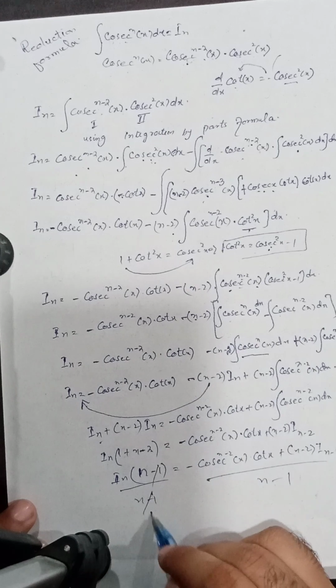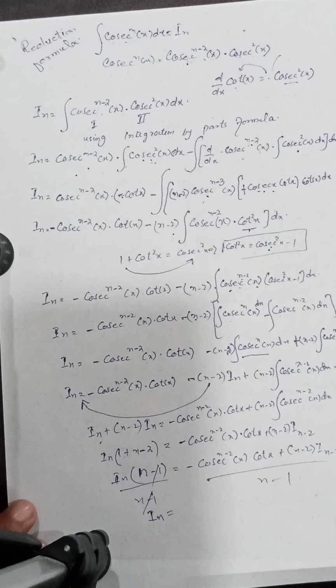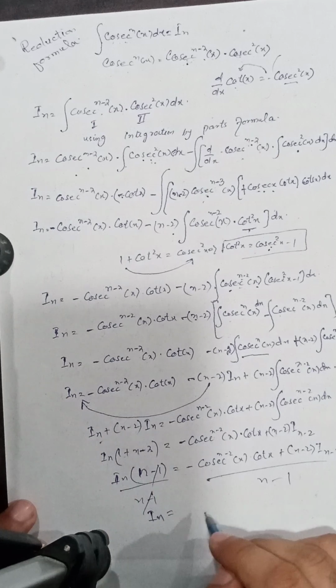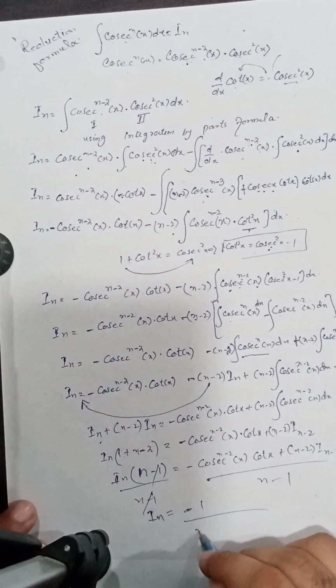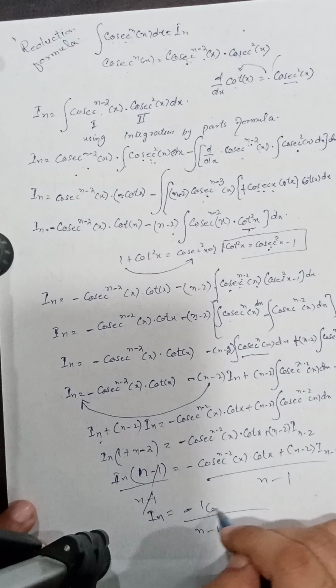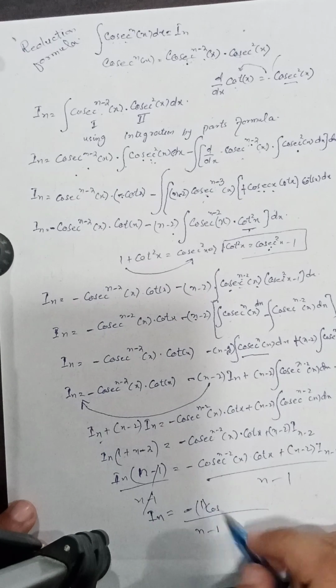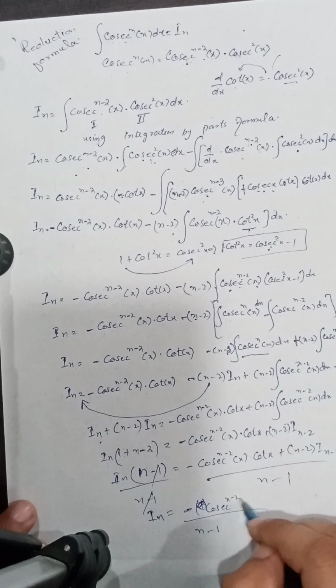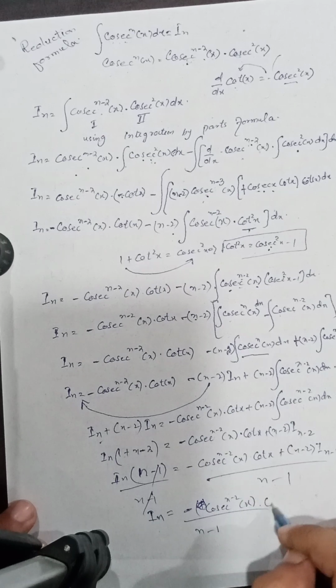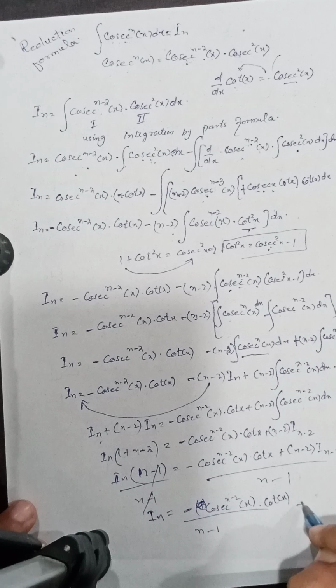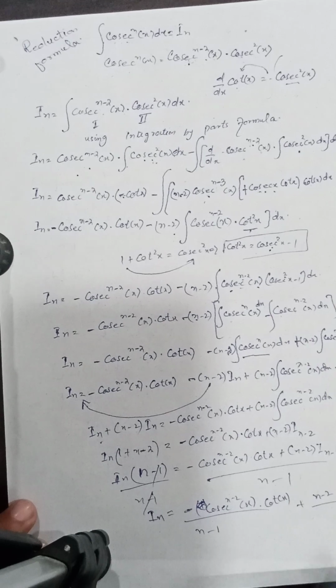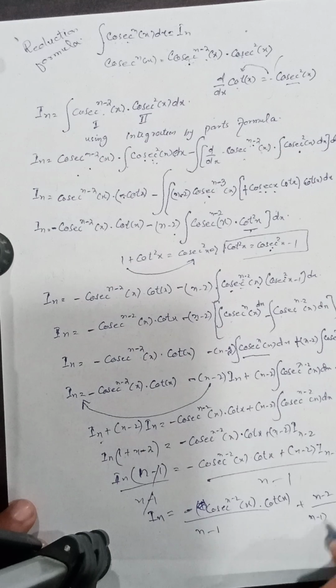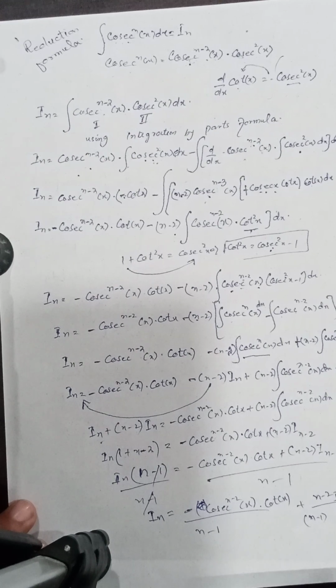So I_n is equal to minus 1 over (n-1) with cosecant^(n-2) of x into cotangent of x plus (n-2) divided by (n-1), with the integral of cosecant^(n-2) of x.